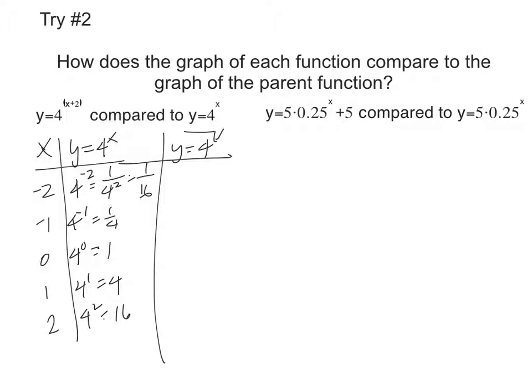Yep, 64. And the last one is 4 to the 2 plus 2, which is 4 to the 4th. I believe that's 256, but I just want to make sure. 4 to the 4th. Yep, it's 256.